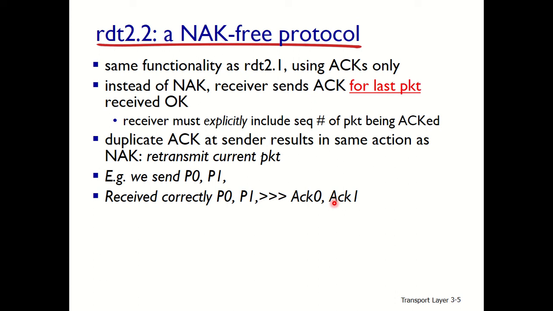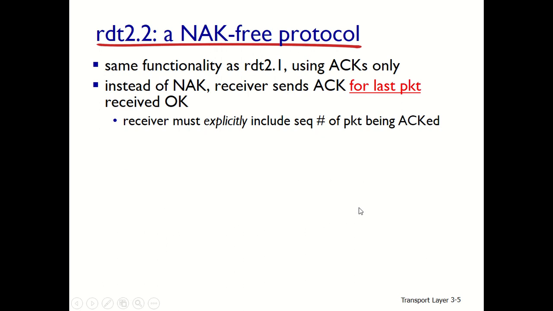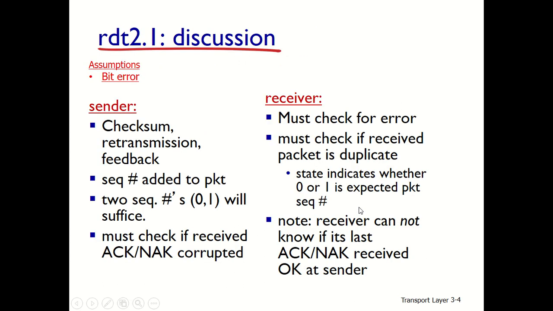Now the receiver has received the two packets, the packet with sequence number 0 and the packet with sequence number 1. Now the receiver is waiting for which packet? For the third packet. And what should be its sequence number? We are assuming that the sequence numbers are 0 and 1.